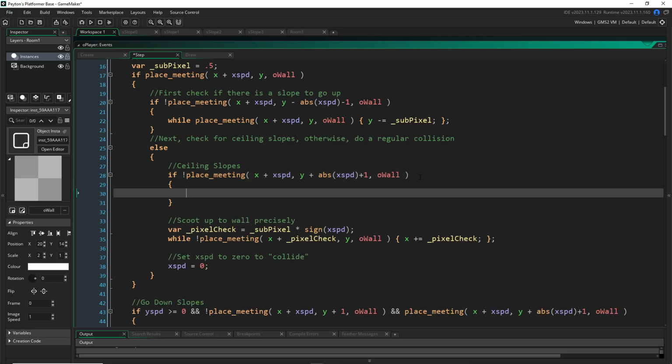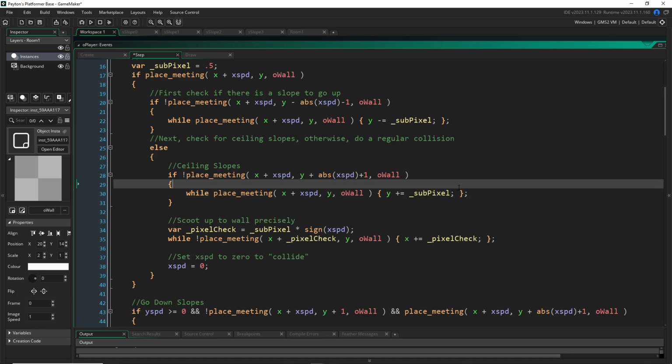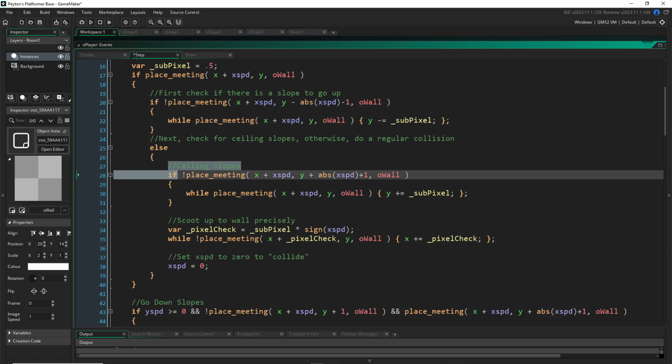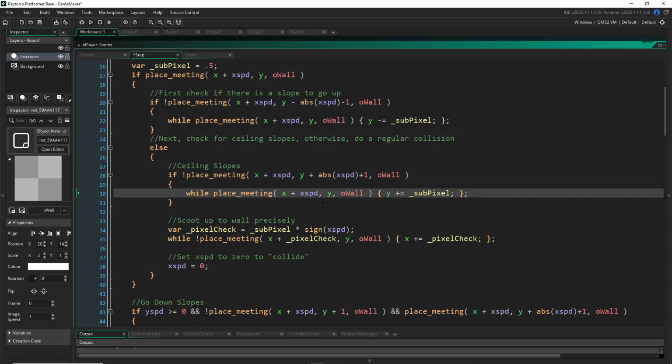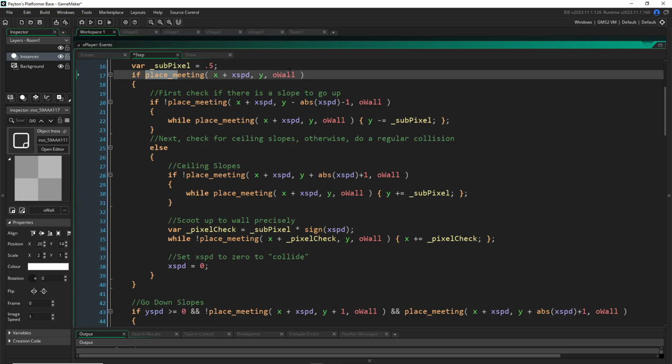So this is basically checking downwards at a 45-degree angle. Then we can say while place meeting our X plus our X speed and our current Y position with a wall, we can just push our Y coordinate down by our sub-pixel amount. Once again, very similar to this, just the opposite. No copy and pasting here because the little differences are obviously incredibly important. But yeah, again, there's a wall in our way.